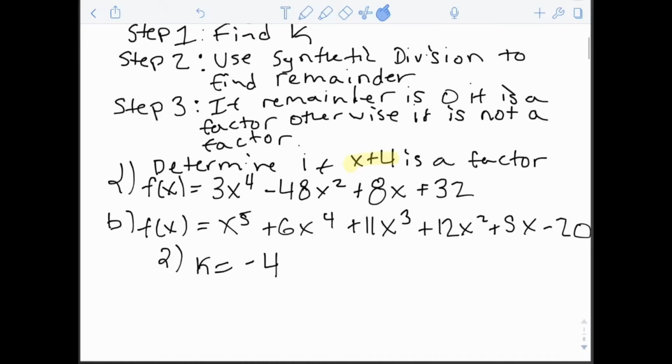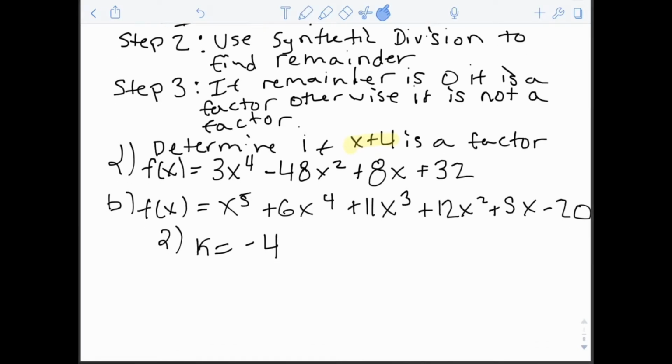Now we need to set up our synthetic division. So let's see if we need any placeholders first. It does appear we need some placeholders, as we see that we don't actually have an x raised to the third. So let's put a placeholder for our x to the third. Again, in this case, we're going to use our leading coefficients.